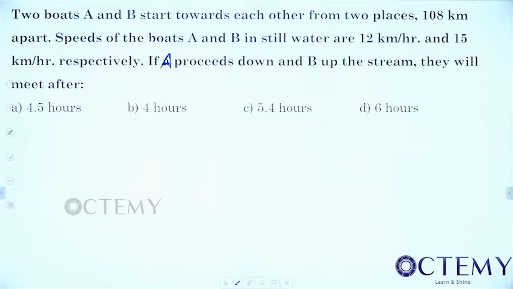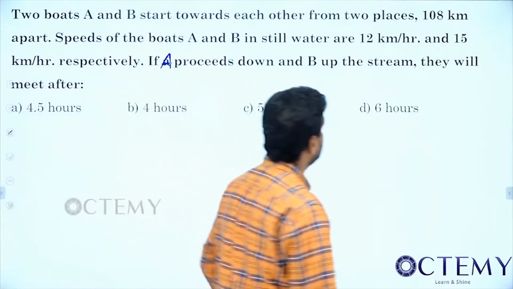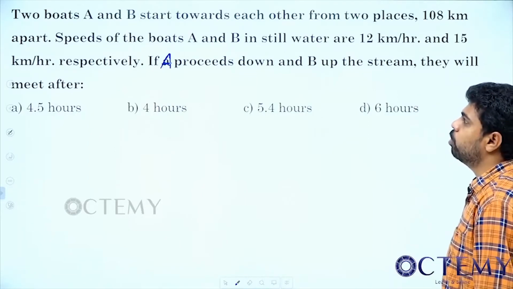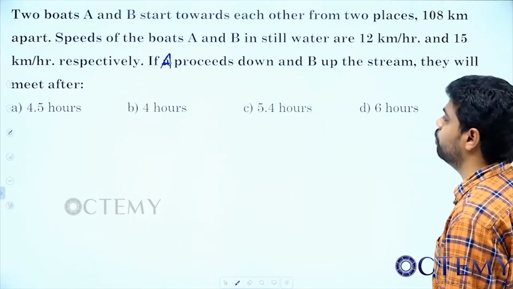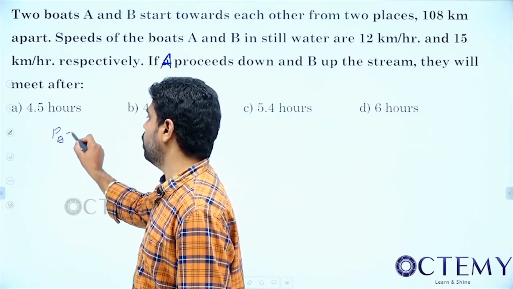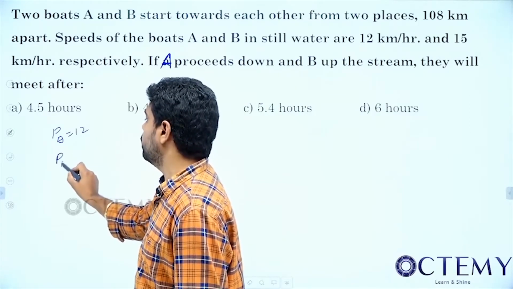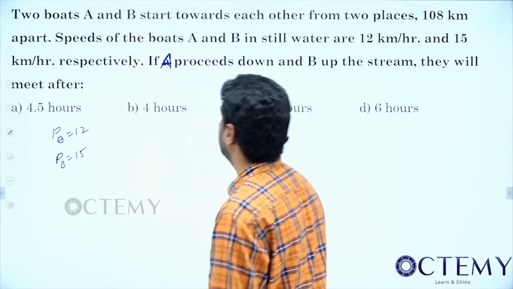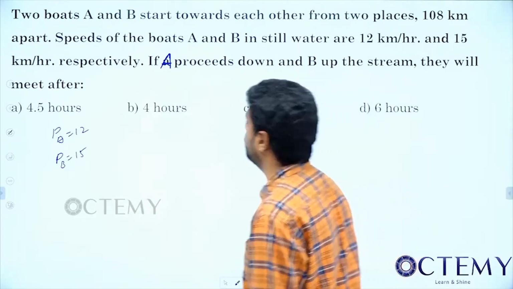Two boats A and B start towards each other from two places 108 kilometers apart. Speeds of boats A and B in still water are 12 and 15 kilometers per hour respectively. So P of A is equal to 12, P of B is equal to 15 kilometers per hour. If A proceeds downstream and B proceeds upstream.